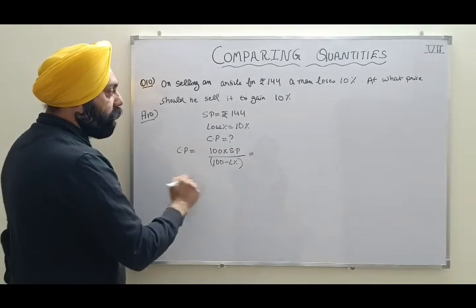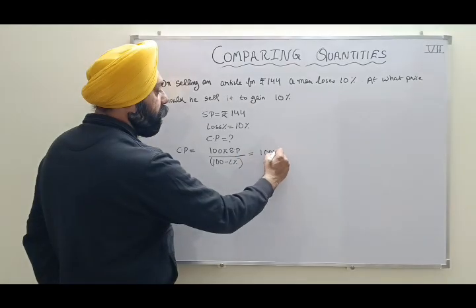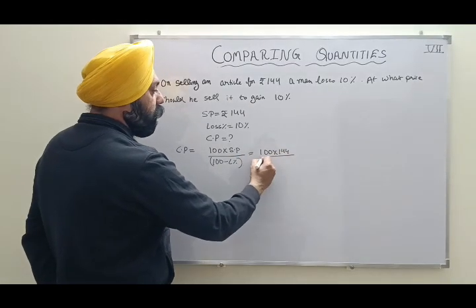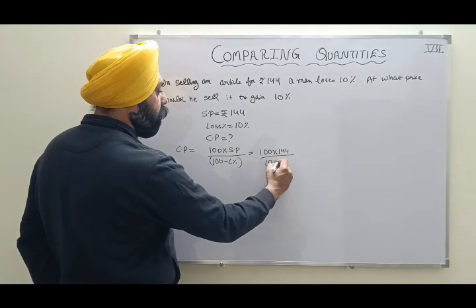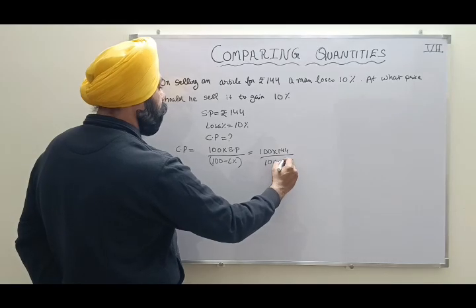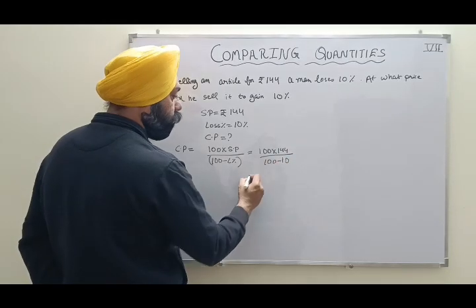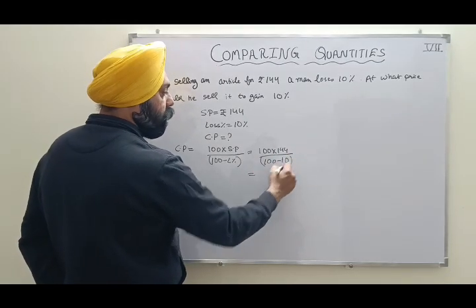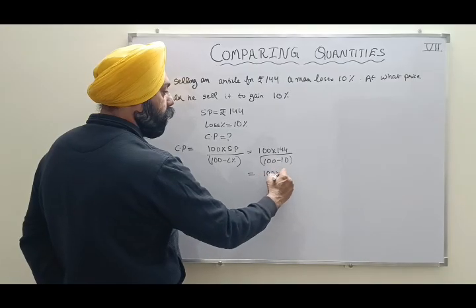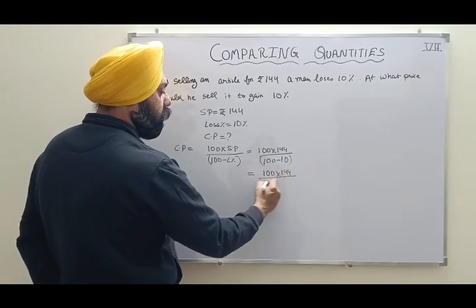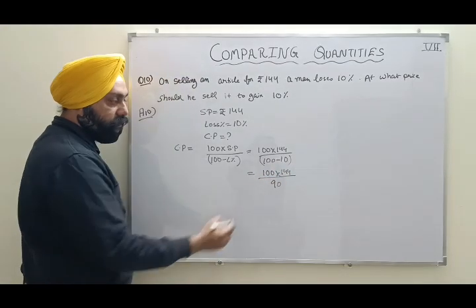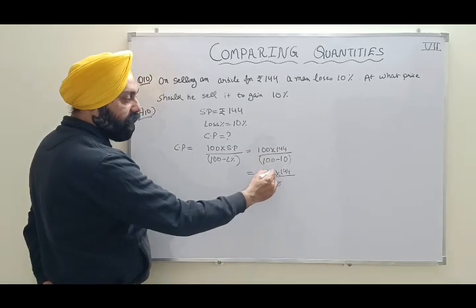So 100 into 144 upon 100 minus 10. So we can put it in brackets. So 100 into 144 upon 90. So one 0 can cancel out with one 0.